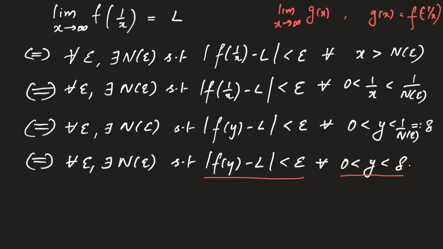So we say that limit x tends to infinity f of 1 by x is equal to L if f of y is close to L whenever y is close to 0 but y is greater than 0. So the proximity to infinity is converted to proximity to 0, but from a particular direction. Which direction? From the right hand side.